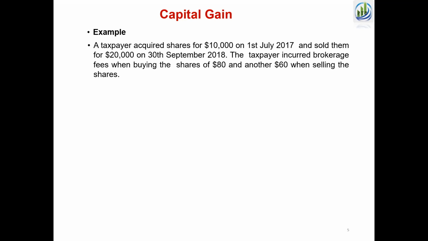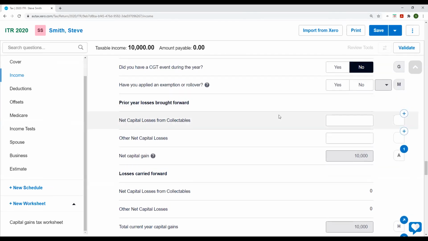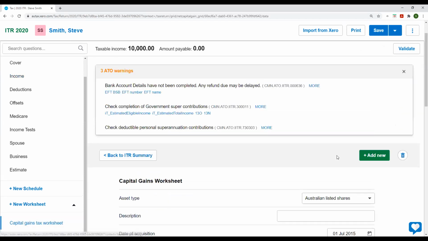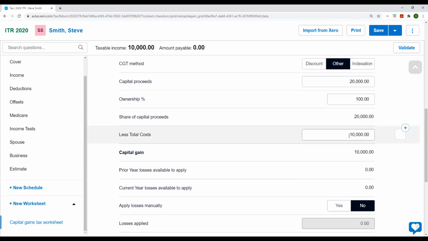So how are we going to do this in our XPM? There are two ways. Sometimes you can reduce the selling fees from your capital proceeds as well, but either way it's going to be the same outcome. So I will go to the XPM and explain how we're going to do this. We will see what the shares are. Yes, $10,000. So I'll go to the capital worksheet, 10,000.